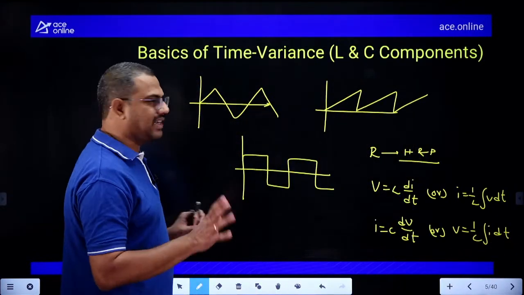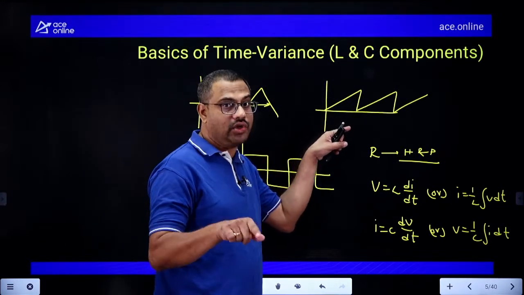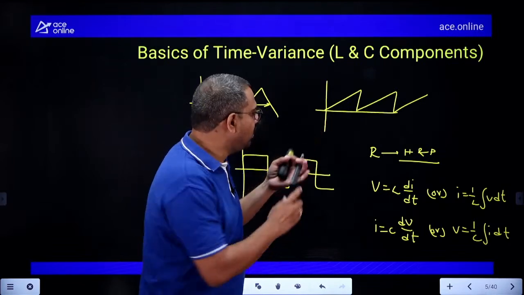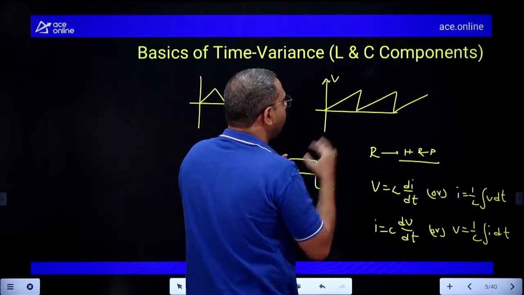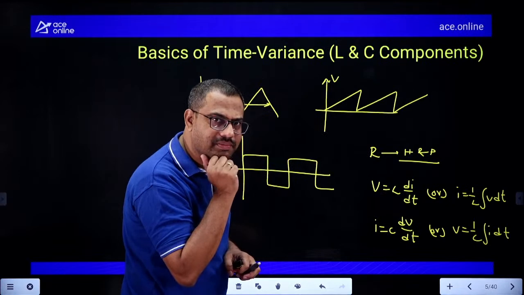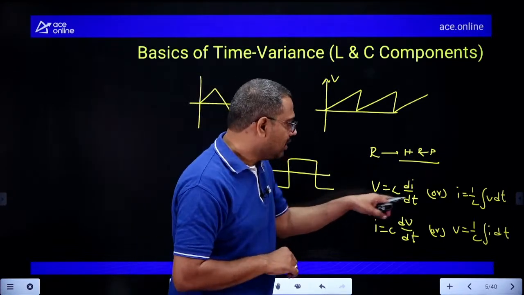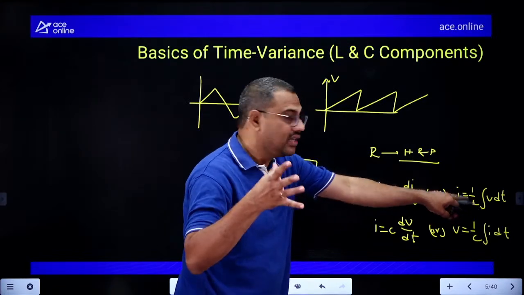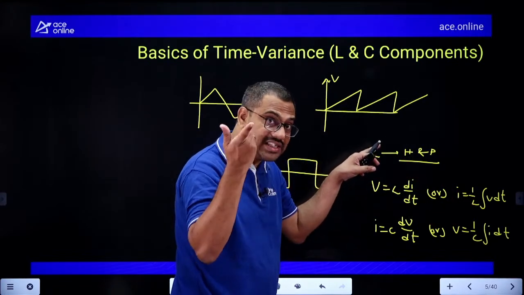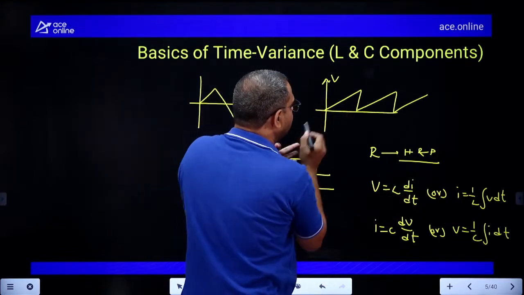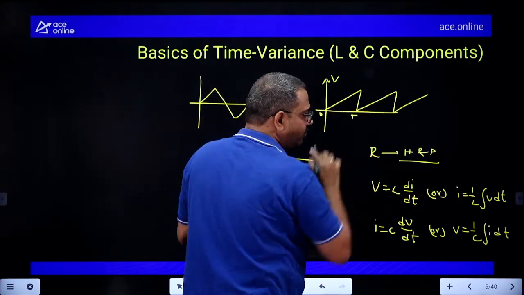For example, if this voltage is given to inductor, what is the current shape? Current is 1 by L integral V. Now integration of voltage, 0 to some time, it is a ramp voltage.